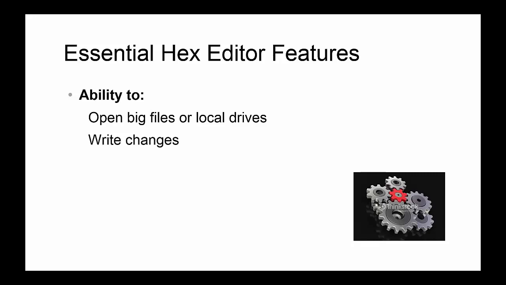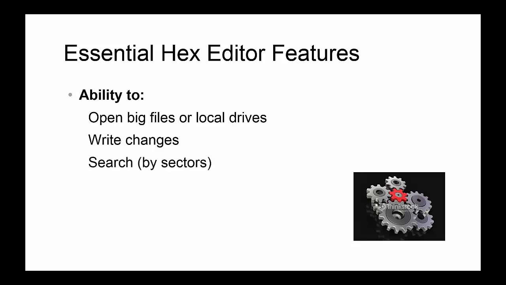Another one is the ability to write changes. In some cases you have to manipulate a file or an image by making changes, and those changes could reveal some hidden data. So this ability to make the changes and store them back into the file or image is essential.